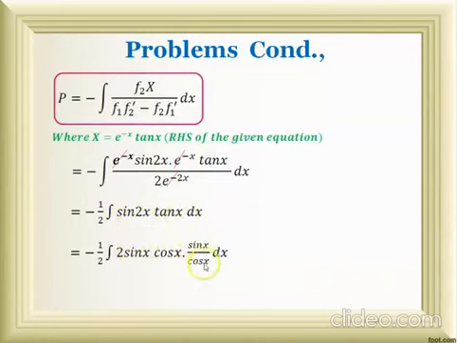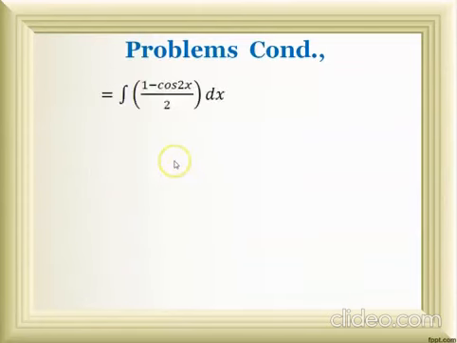Tan x is sin by cos. So here cos gets cancelled. Sin into sin is sin square. So this 2 gets cancelled with the outside 1 by 2. I am applying the formula for sin square because I cannot integrate the trigonometric square. Sin square becomes 1 minus cos 2x by 2.